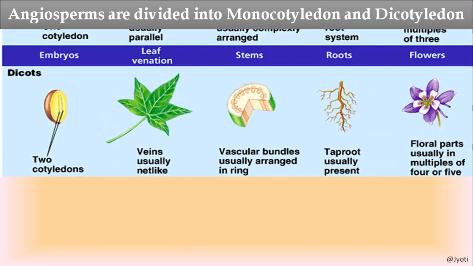Before the discussion, as I have shown you in my previous sessions, the angiosperms are further divided into monocotyledon and dicotyledon. So what are these monocotyledons and dicotyledons?